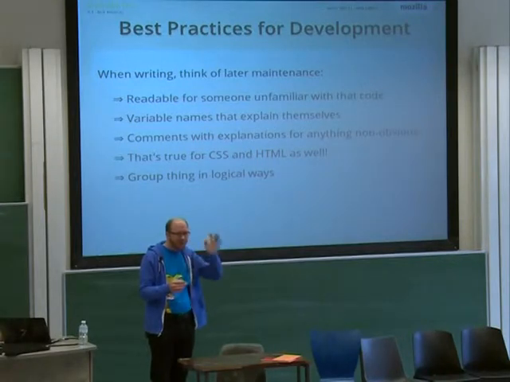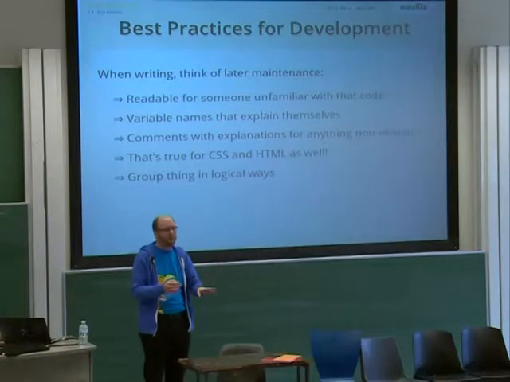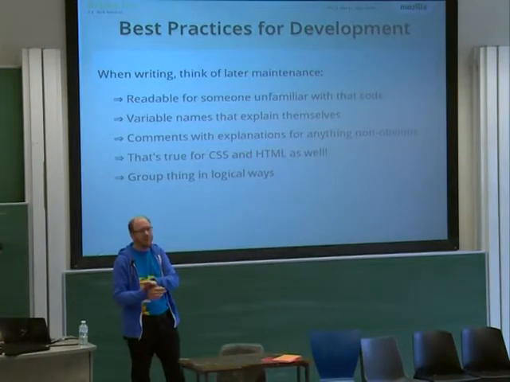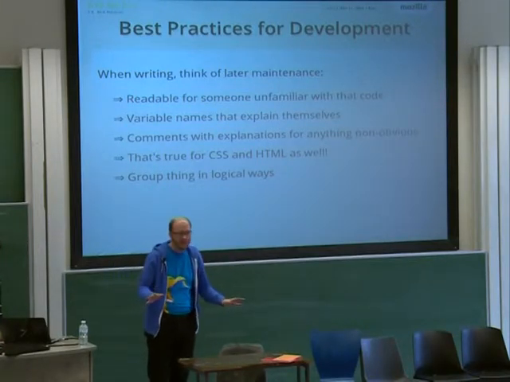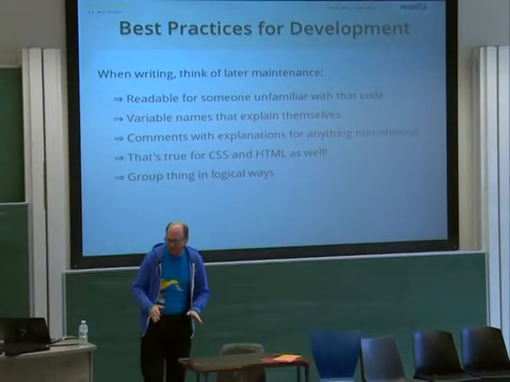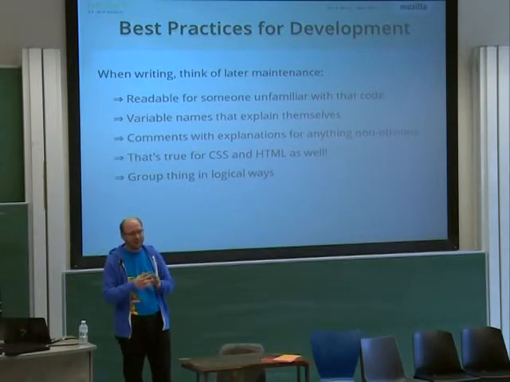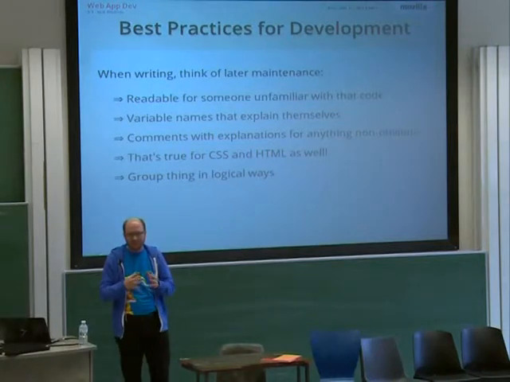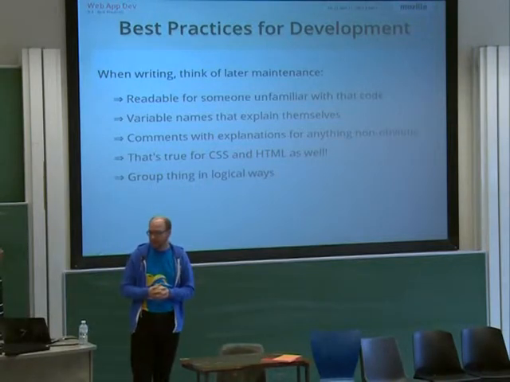So it's a good idea to consider yourself as someone unfamiliar with the code later on, because you don't remember everything that you did. So keep that in mind when writing stuff, and that makes it much easier.